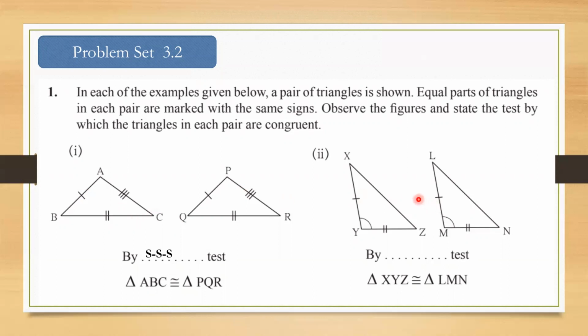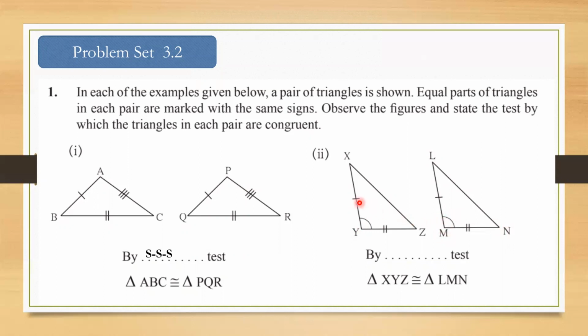Now let us see the second example. In these two triangles, side XY has the same symbol as side LM. Then in between, angle XYZ has the same symbol as angle LMN, and finally side YZ is the same as side MN.